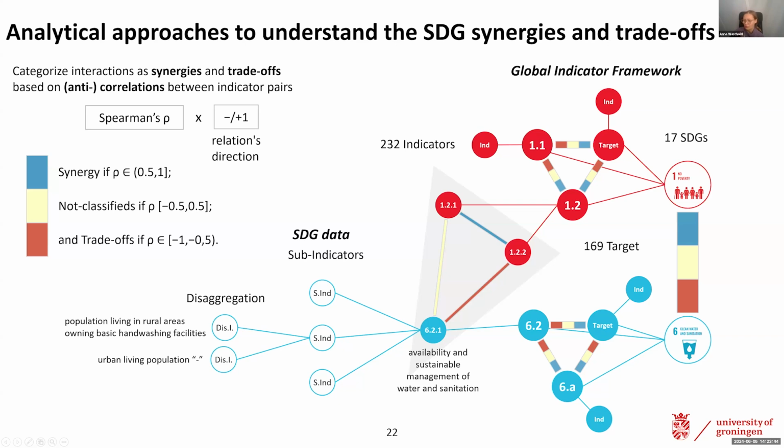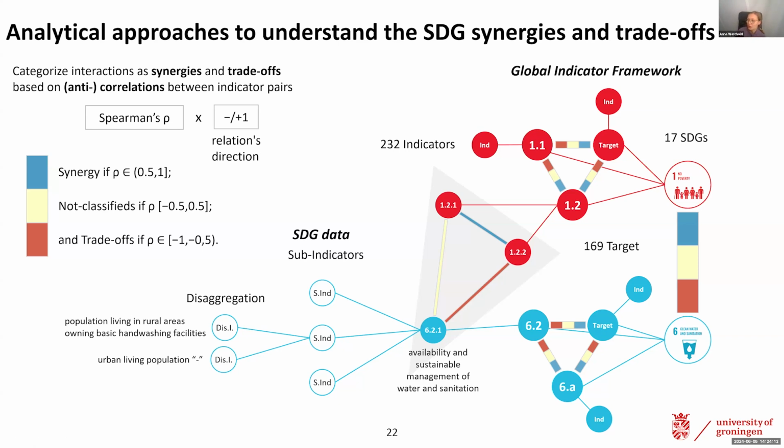So I have, again, put this example I have introduced to you already for SDG 6. Indicator is 6.2.1. It's about the availability and sustainable management of water and sanitation. Then you have these 3 sub-indicators I have shown you about: the population with access to hand washing facilities, and then it's disaggregated into the population living in rural areas and the population living in urban areas.